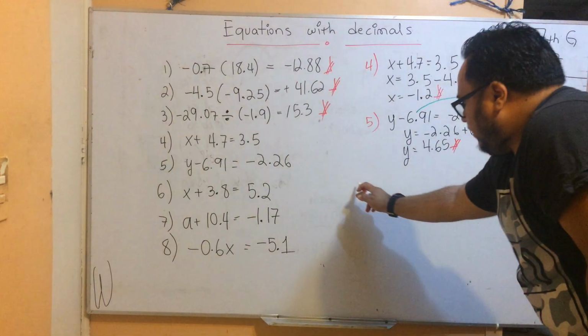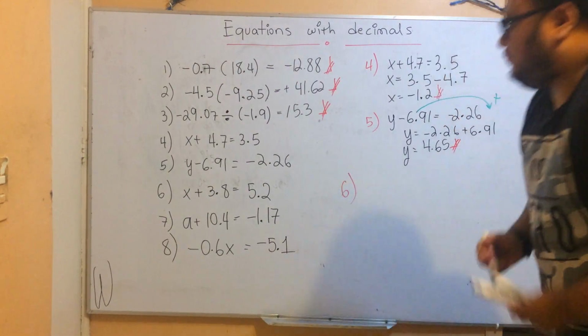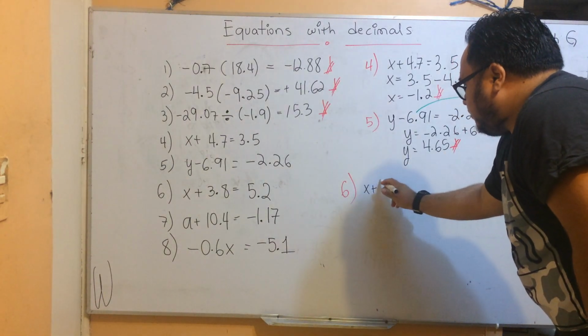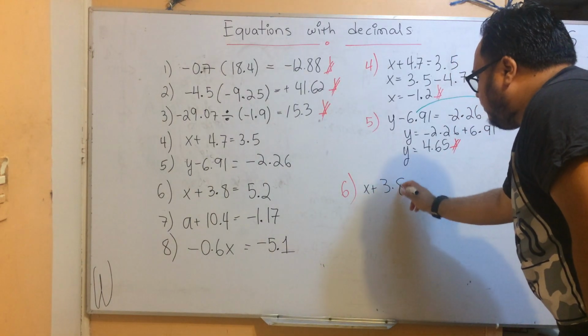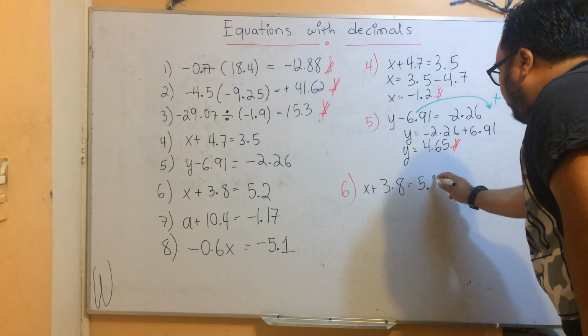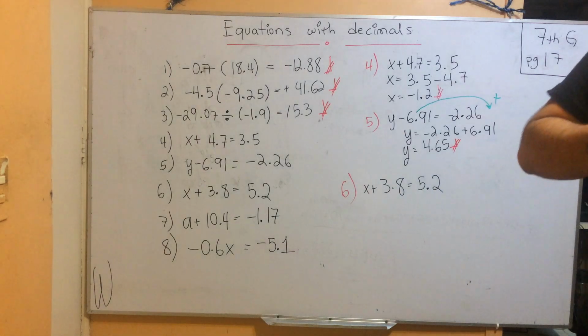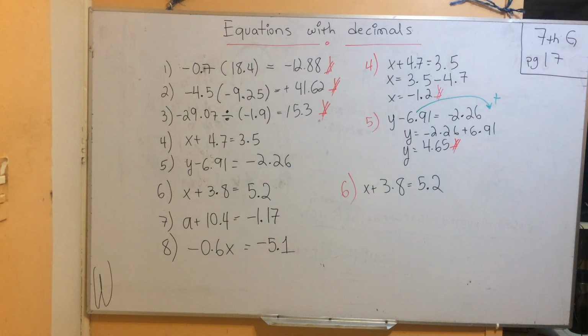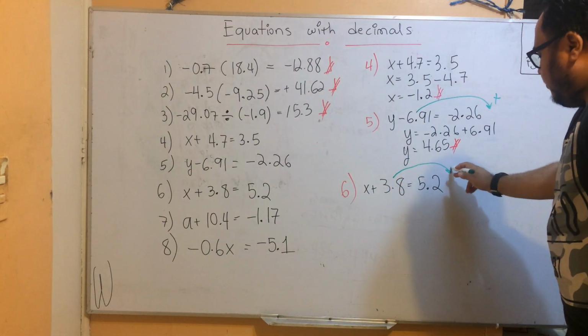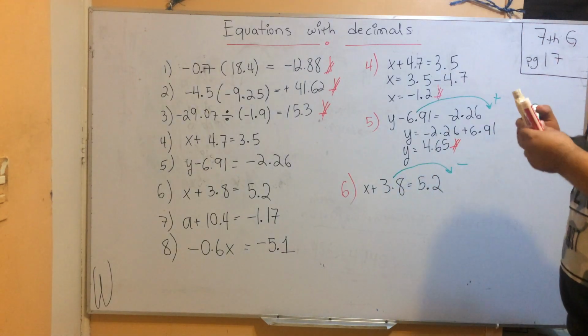Let's work on number 6. Number 6 says x plus 3.8 equals 5.2. So, we solve for x. This number is positive. I'm going to switch it to the other side. Negative.